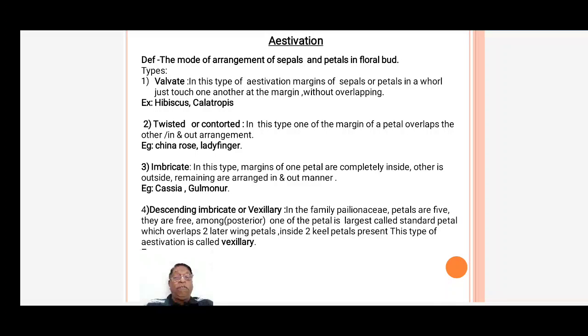Next, very important, descending imbricate. Also called vexillary. It is the characteristic estivation of the family Papilionaceae.